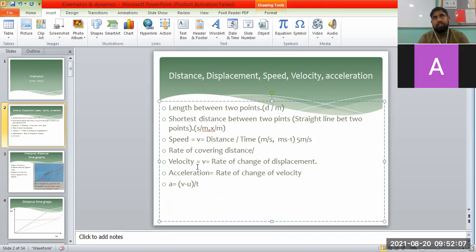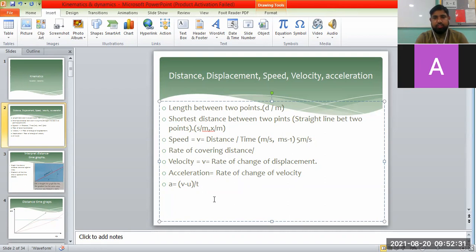Acceleration. Acceleration is the rate of change of velocity. You can define it in several wordings. You can also call it acceleration is rate of change of velocity per unit time.